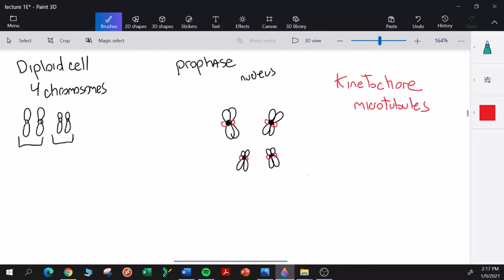They attach to proteins that form the kinetochore on the centromeres. So the kinetochore is the protein complex that attaches to the centromere, and microtubules will attach to the kinetochores of each chromosome. Okay, so that's prophase.